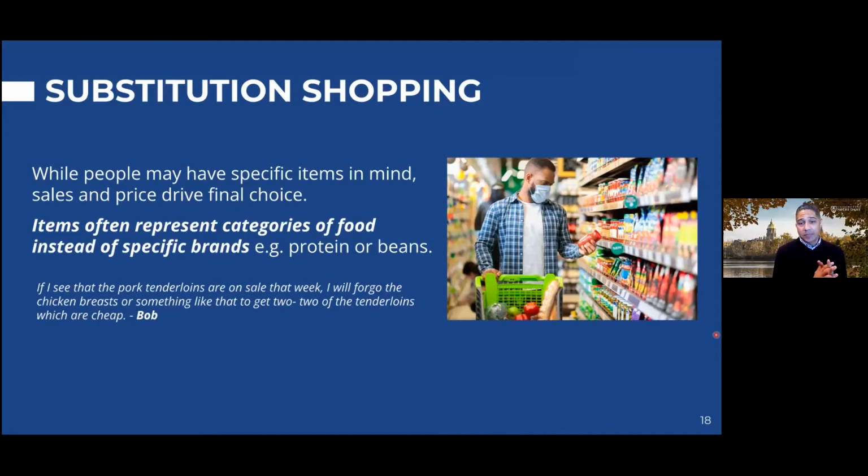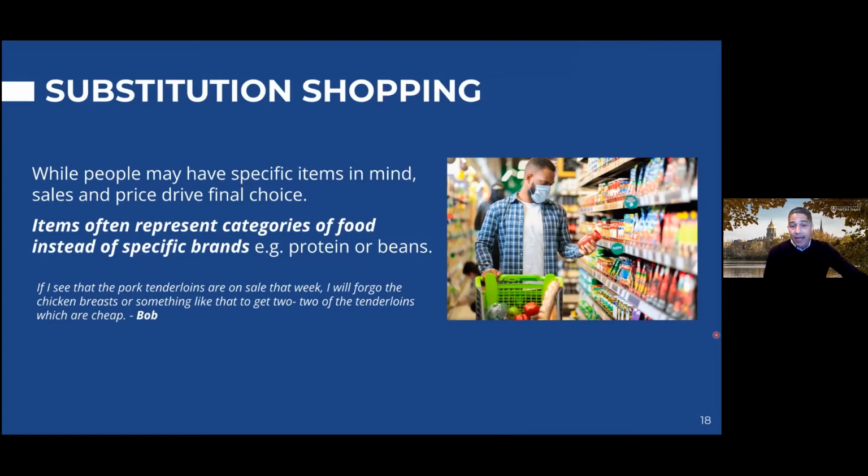While people may have specific items in mind, sales and price really drive their final choice for the most part. And so their shopping items often represent categories of foods instead of specific brands or specific products that they're looking for. Okay, so those categories are things like meat or beans, for example.